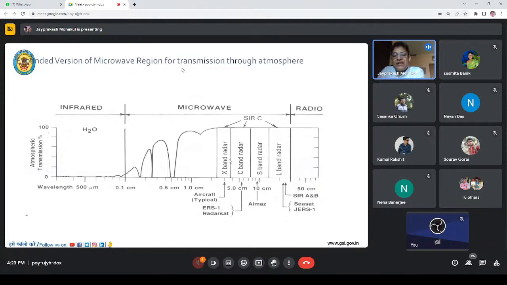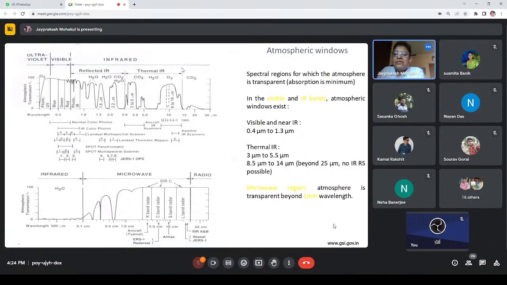This terminology started developing initially, X, C, S, L. They started developing during the Second World War, and since they were very much entrenched in the literature, subsequently when the aircraft were designed for gathering of data in microwave, those nomenclatures were also retained. So these are some of the radar satellite or microwave satellite, right? So this part we have discussed.